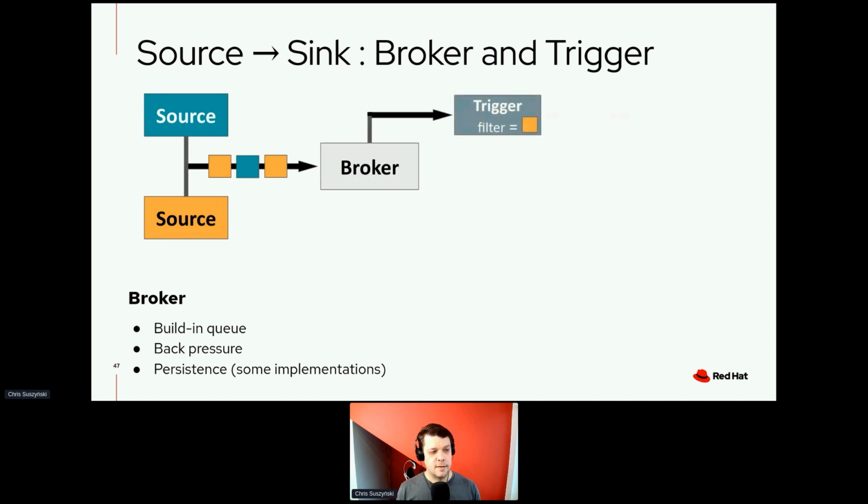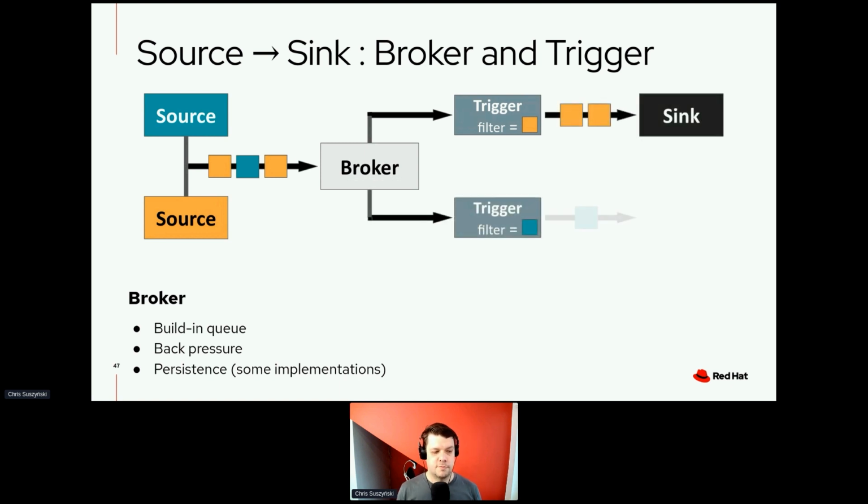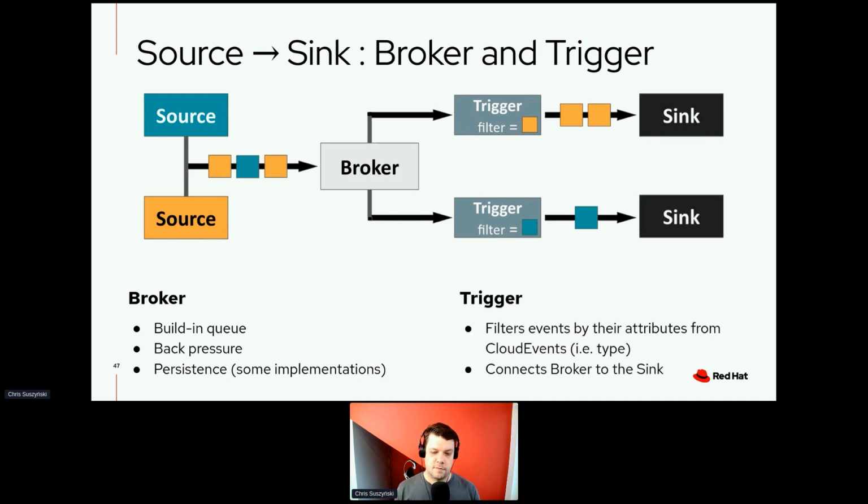And the broker then decides what to do with those events based on some filters. So we could define those filters and say, for example, by the attributes of the CloudEvents, like a type or any other attribute that the CloudEvent could have, we could decide, okay, if this type is X, let's go to this sink, and if it's green, let's go to the other sink down there, right?